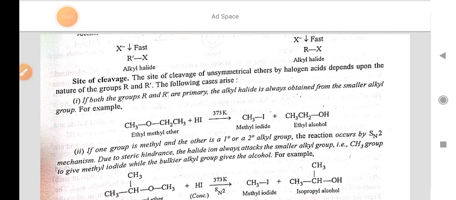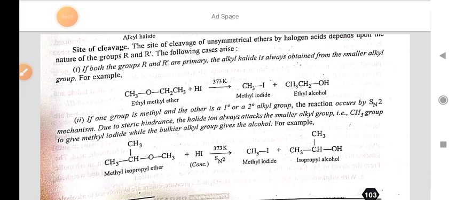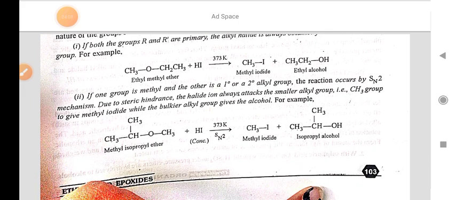Site of cleavage. The site of cleavage of unsymmetrical ethers by halogen acids depends upon the nature of the groups R and R dash. The following cases arise. If both the groups R and R dash are primary, the alkyl halide is always obtained from the smaller alkyl group. For example, ethyl methyl ether gives methyl iodide plus ethyl alcohol. If one group is methyl and the other is a primary or a secondary alkyl group, the reaction occurs by SN2 mechanism.